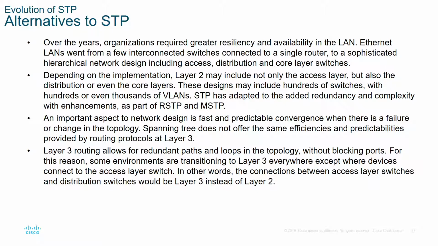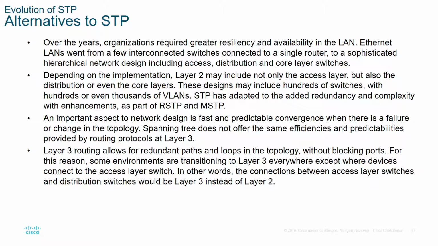So these designs may include hundreds of switches with hundreds or even thousands of VLANs, and spanning tree protocol is adapted to the added redundancy and complexity with enhancements such as rapid spanning tree protocol and the multiple spanning tree protocol. An important aspect of network design is fast and predictable convergence when there is a failure or change in the topology. Spanning tree does not offer the same efficiencies and predictability provided by routing protocols at layer 3.